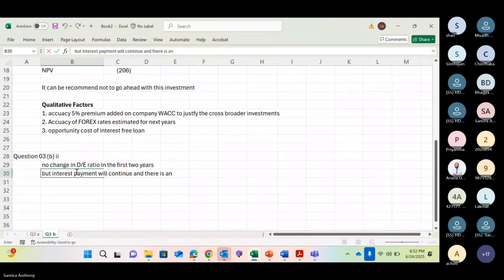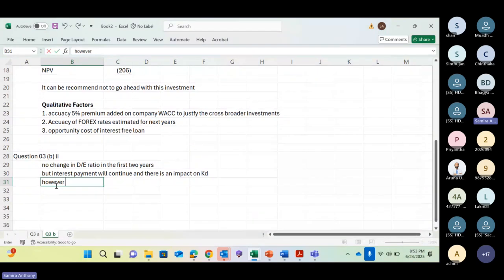However, the cost of debt is at 4% in the first 2 years, and thereafter it will come to the normal level.